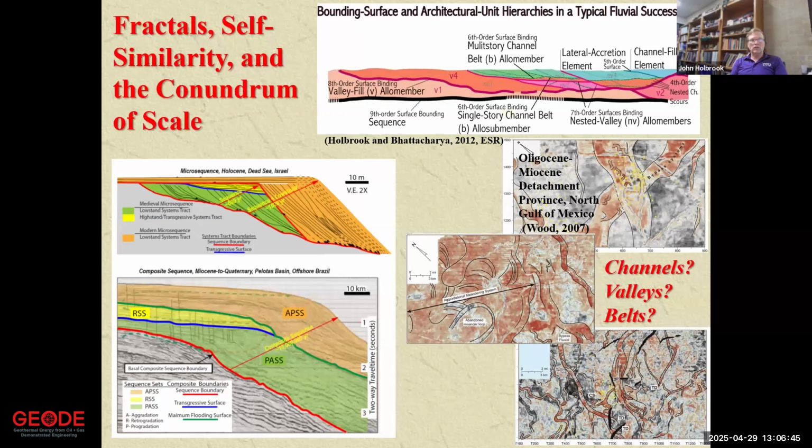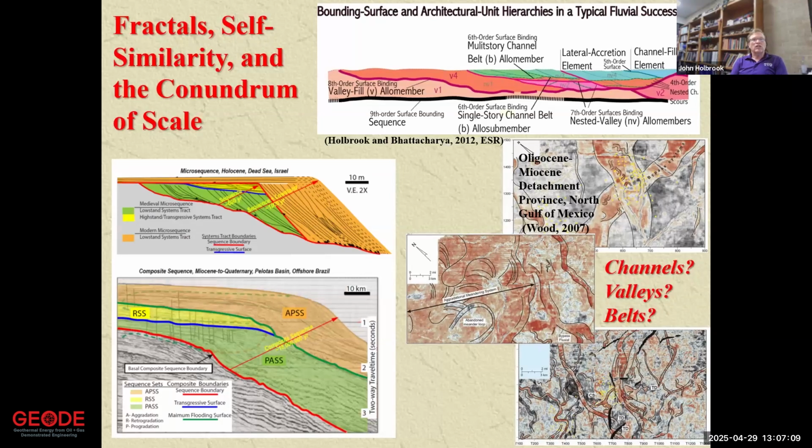Where we run into it the most is when you're working with things that involve channels, like deep sea fans or fluvial systems, or any kind of flow system. You'll see a valley has a shape a lot like a channel, which is a lot like an individual scour within the channel.